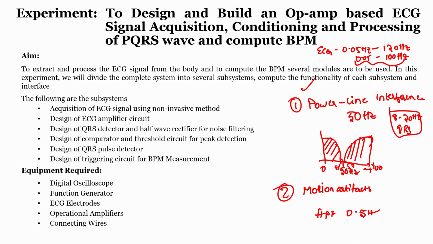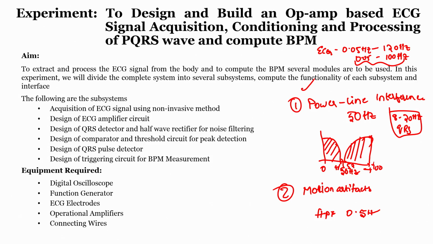We will try to use proper filtering circuits so as not to compute frequencies below 0.5 hertz and above 100 hertz too, so that we can see the proper ECG signal in our oscilloscope DSO2.